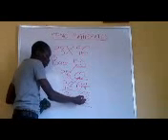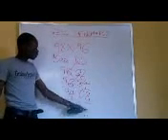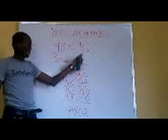So 98 times 96 is equal to 9,408. If you make use of a calculator, this is the answer you get when you multiply 98 by 96.